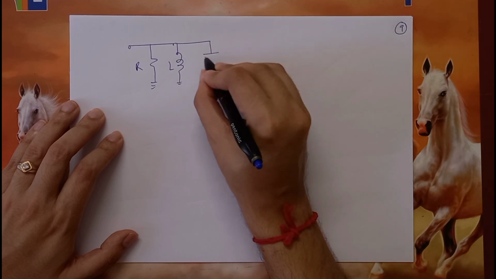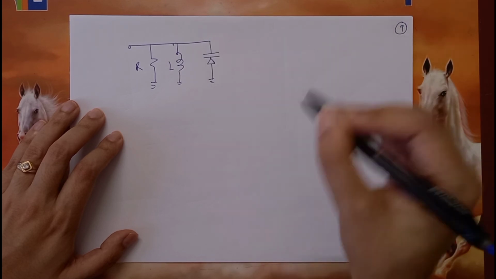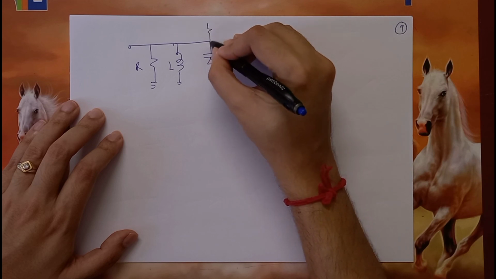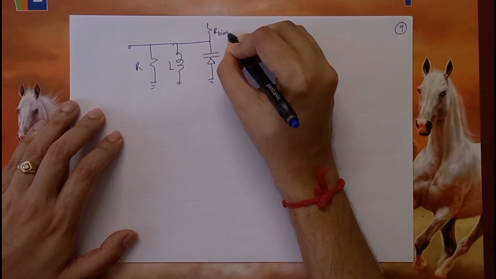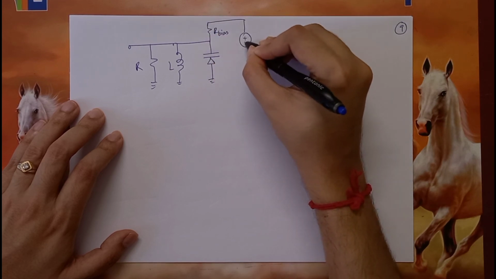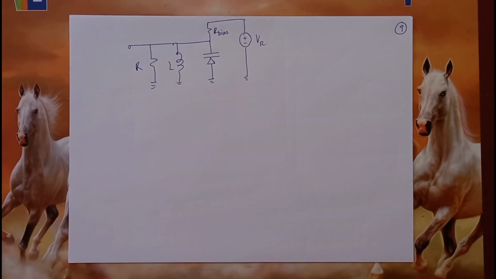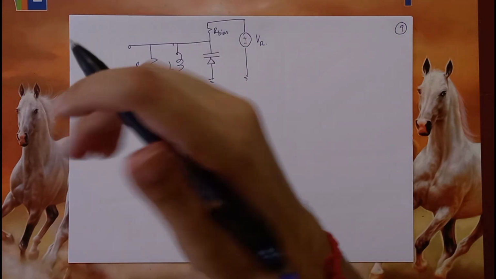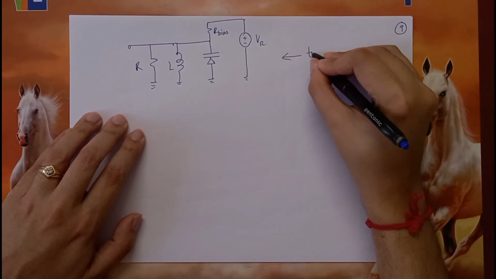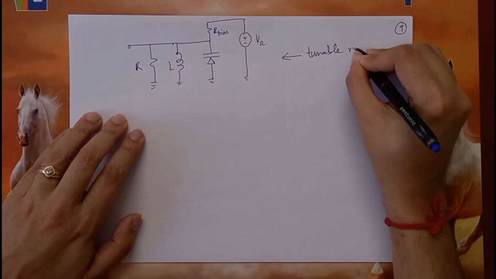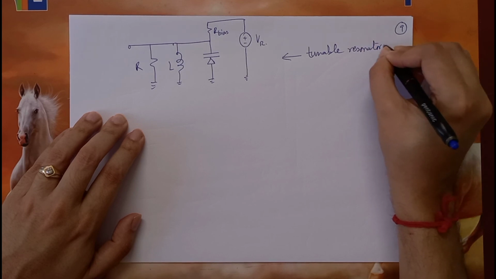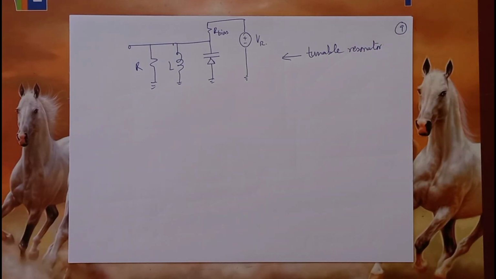All you need to ensure is that the Varactor diode is reverse biased, and that you can do by connecting a voltage source this way. We will call this VR. This is a very simple example of a tunable resonator.